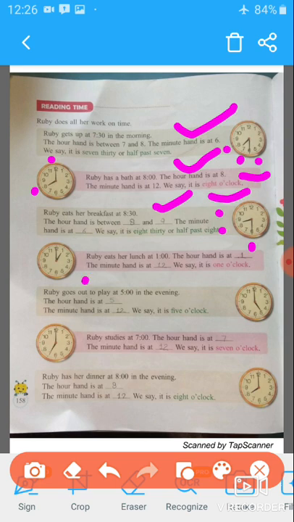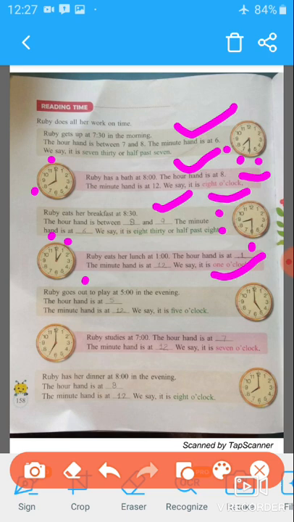Now students, in the next clock, Ruby eats her lunch at 1 o'clock. The hour hand is at 1 and the minute hand is at 12. So we say it is 1 o'clock.